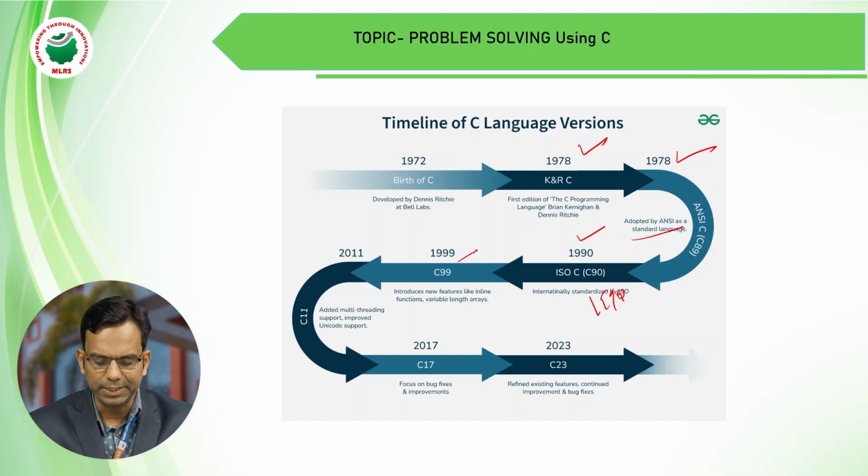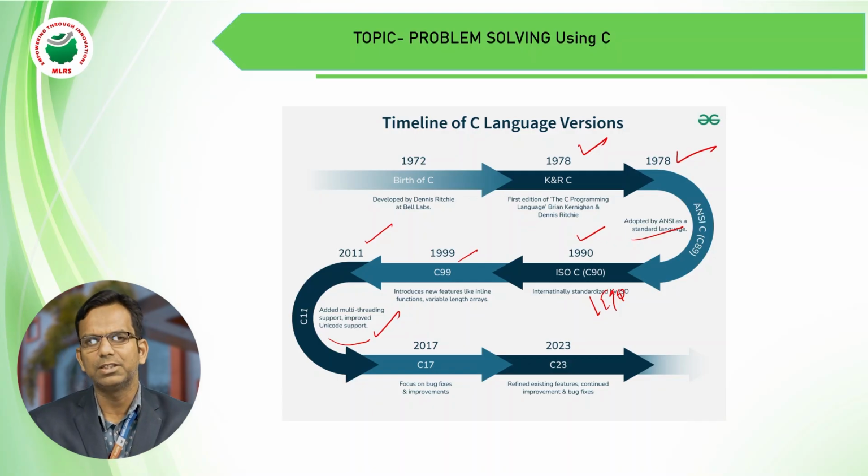Then in 1999, new features were introduced with the help of concepts like functions, arrays, pointers, structures, and unions. These new implementations came into the research in the year 1999. Then in the year 2011, most of the standard programming features were added, with Android and Unicode support.